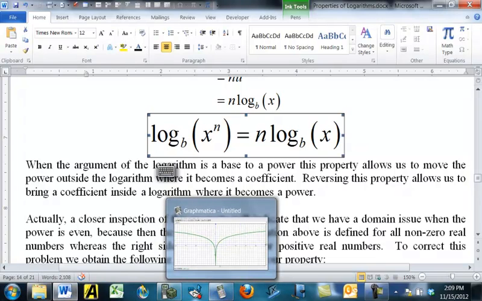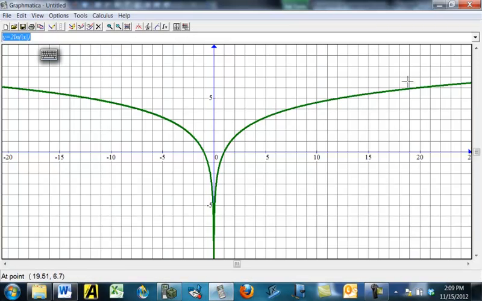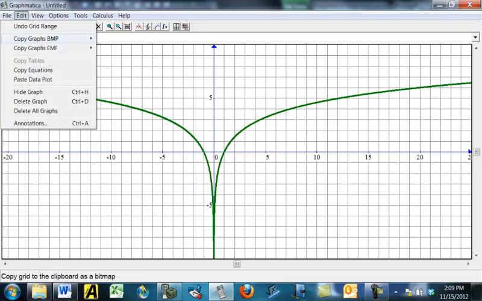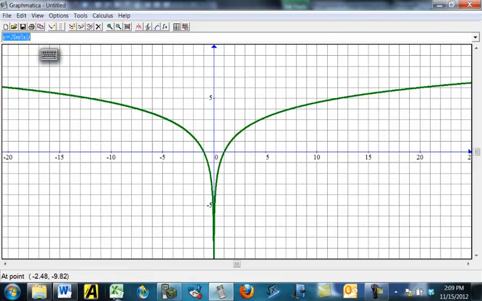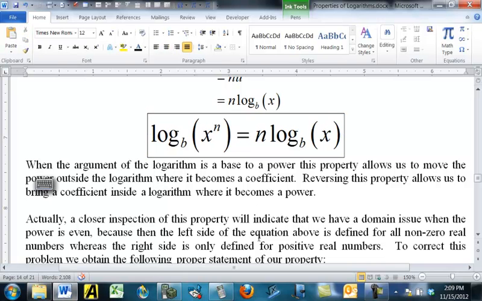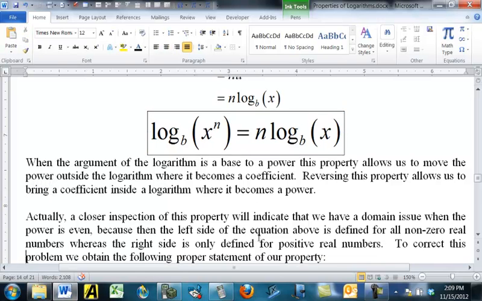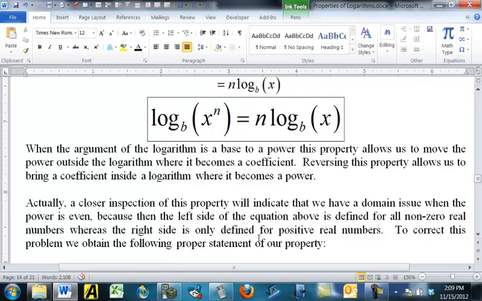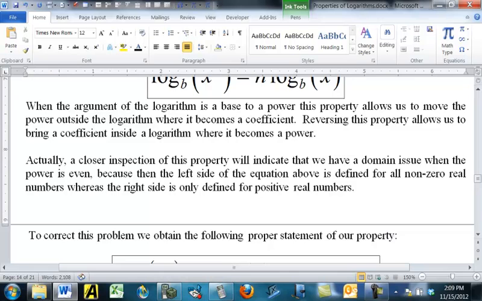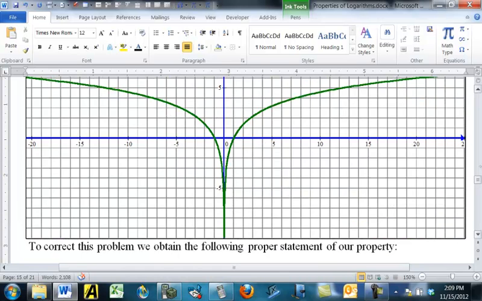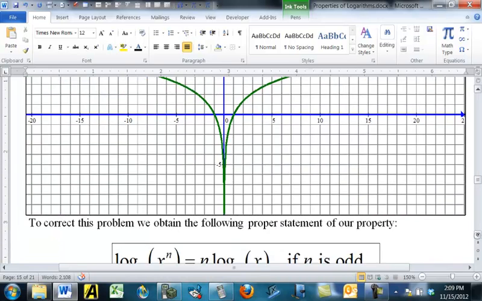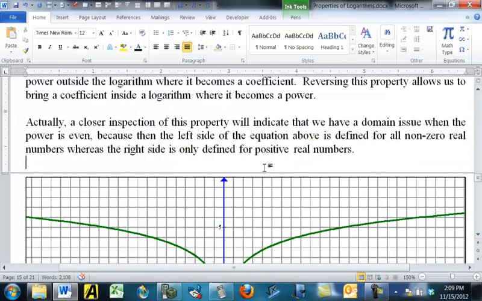Let me go ahead and copy that. So let's go ahead and put the formula there too.